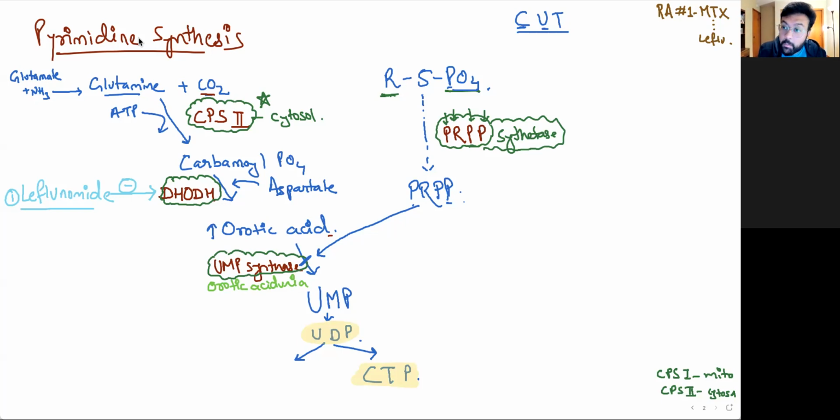And if I want to reduce this ribonucleotide, that means reduction means either you add hydrogen or you remove oxygen. That means I want to reduce this UDP and make deoxy UDP. So that's a reduction reaction. So I'm going to use an enzyme which can make UDP into deoxy UDP, and this enzyme is called ribonucleotide reductase. Your 1, 2, 3, 4, fifth high yield enzyme.